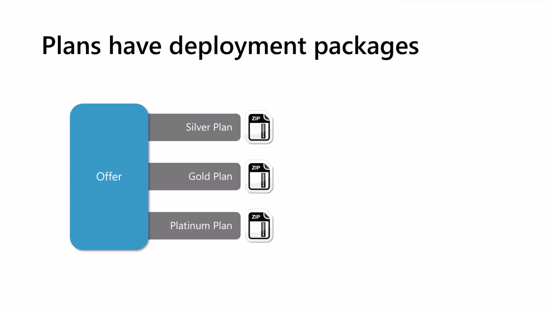We've talked about that just a little bit. So these deployment packages contain artifacts like the ARM template that does the deployment and the file that defines the user interface a customer sees when subscribing to the offer.